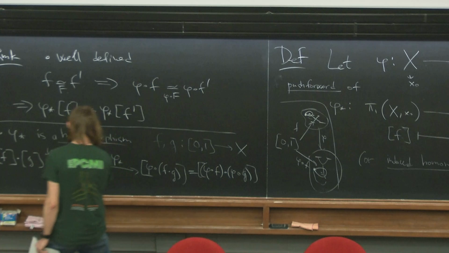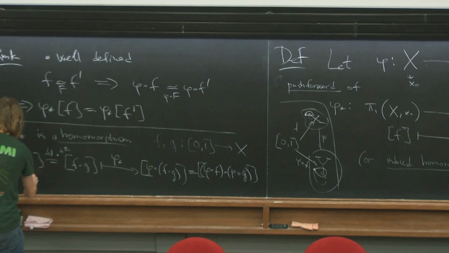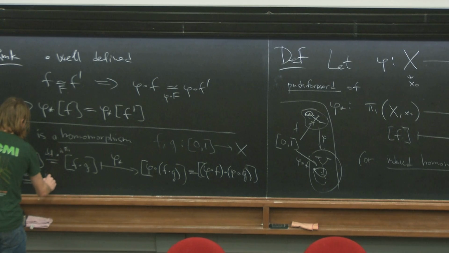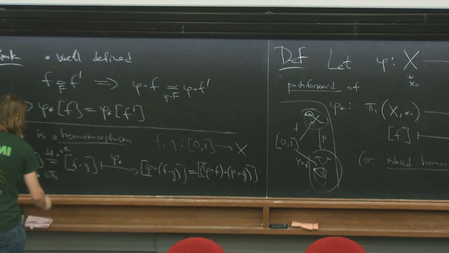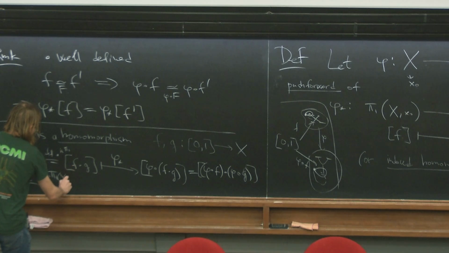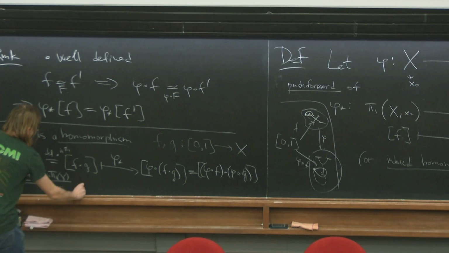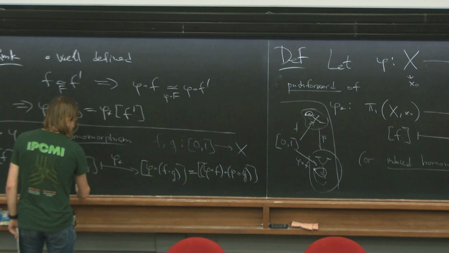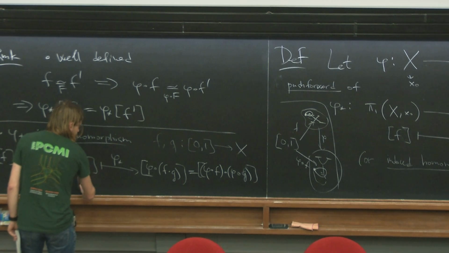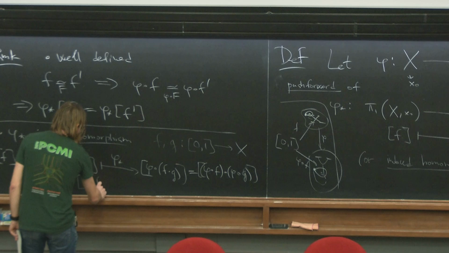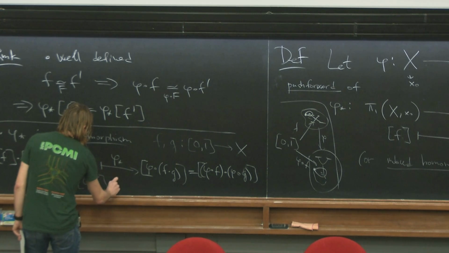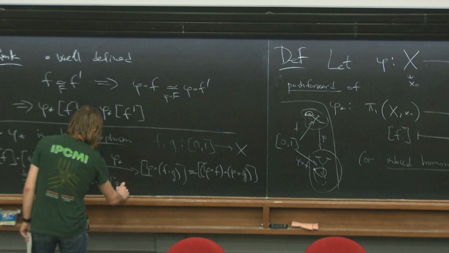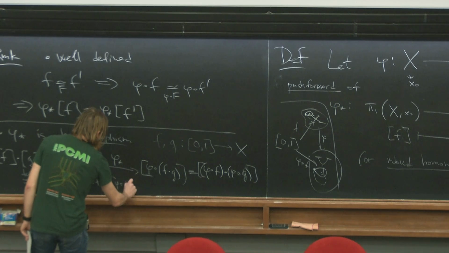And then we can use the definition of the group operation in pi 1 of Y to see that this is the same as the class of phi composed with f multiplied by the class of phi composed with g.